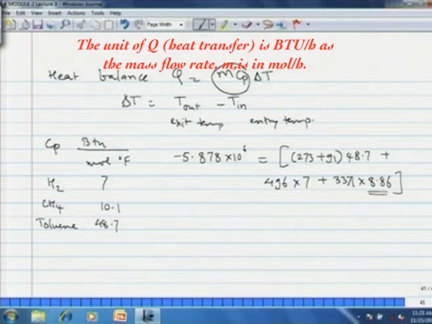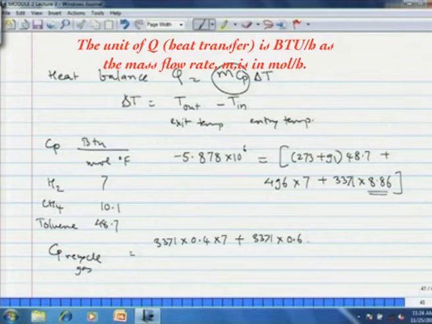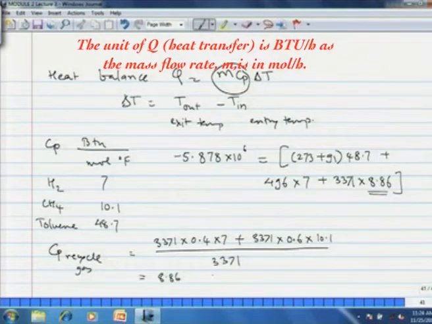Now, the 8.86 is the heat capacity of recycle gas, which we have calculated from the molar flow rate of hydrogen into 7 plus 3371 into the methane fraction 10.1 divided by 337. This turns out to be 8.86 BTU.